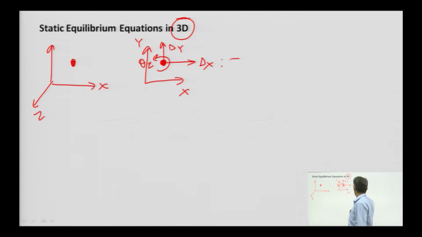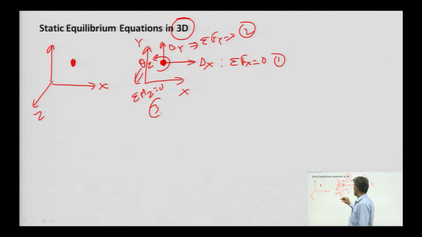That is why we have the equations: sigma Fx equals 0, sigma Fy equals 0, and to make the rotation zero, we have sigma Mz equals 0. These numbers 1, 2, 3 are the equilibrium equations in case of 2D.